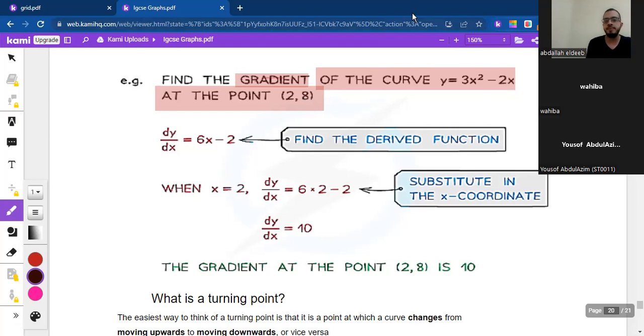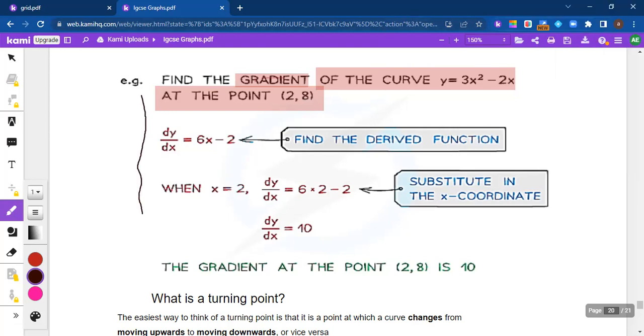So here, this is the function y equals 3x squared minus 2x. Then I will find dy by dx. Yalla Yusuf, find dy by dx.